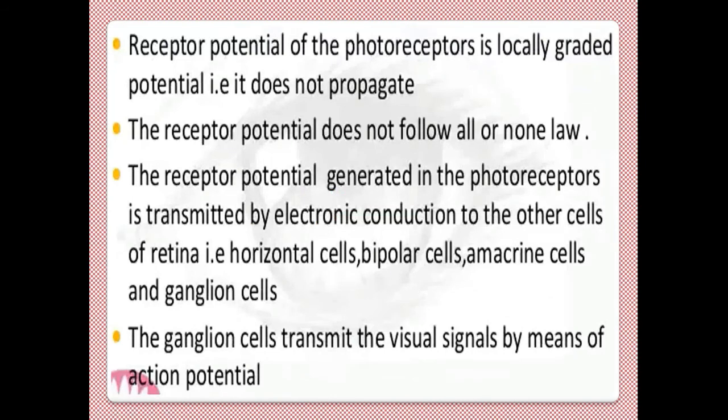The receptor potential generated in the photoreceptor, because light is converted into electrical energy during photobleaching, is transmitted by electrotonic conduction to the other cells of the retina, that is the horizontal cells, bipolar cells, amacrine cells, and ganglion cells. From there, these electrical signals are moving. The ganglion cells finally transmit the visual signals, electrical impulses, by means of action potential to the optic nerve fiber.